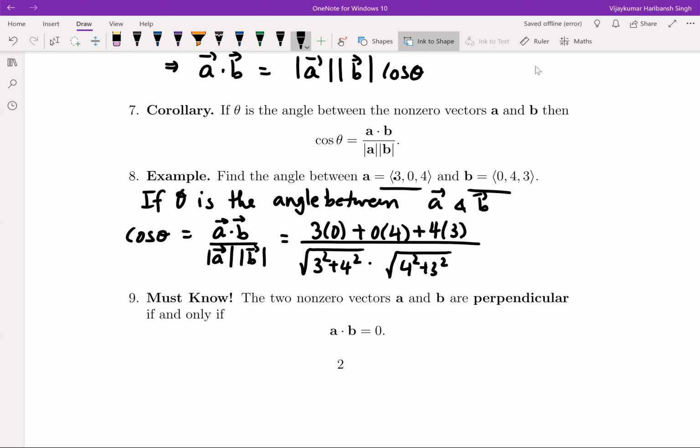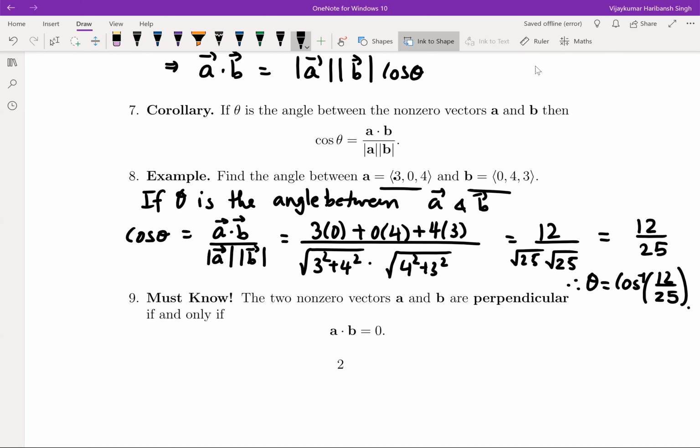This is 12 divided by square root of 25 times square root of 25, which is 12 by 25. Therefore, theta equals cos inverse of 12 by 25.